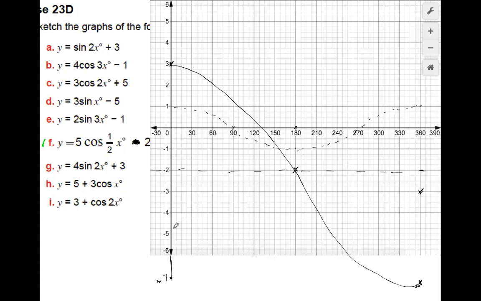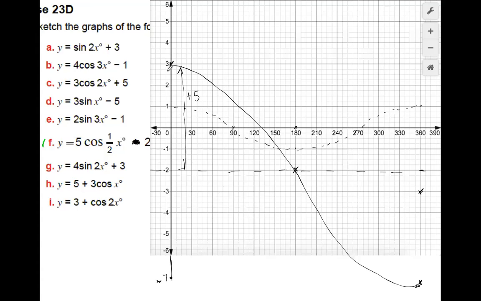But because we've dropped it by 2 with a 5 amplitude, so the amplitude is here, so that's your 5, plus 5 amplitude, drop by 2. So that's your 5 cos half x minus 2. Remember, I've changed it to fit in this.